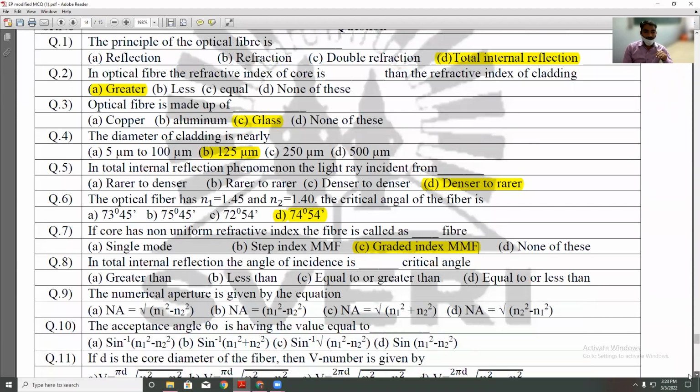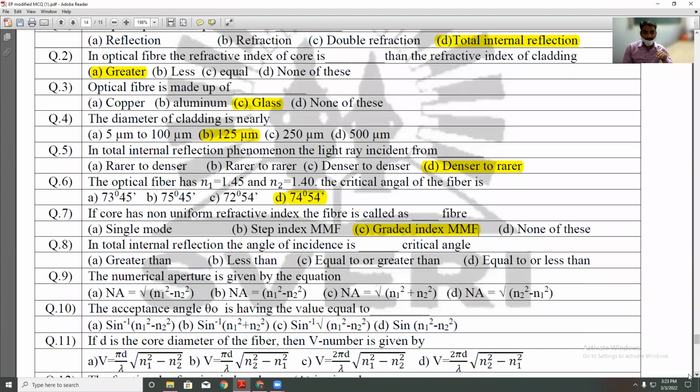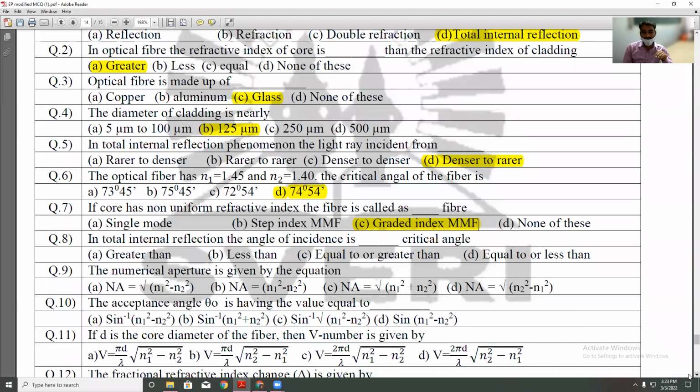Good. In total internal reflection, the angle of incidence is dash dash critical angle. This MCQ is very important. If there is total internal reflection, then the angle of incidence is equal to or greater than the critical angle.